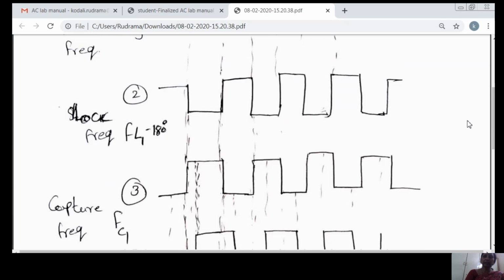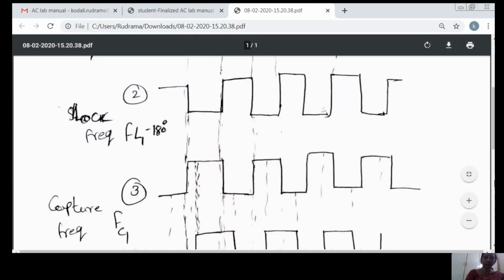Therefore, the frequency is captured. The frequency of the incoming signal and the system frequency are equal, and this is called the frequency captured. Note down this frequency as the capture frequency FC1.